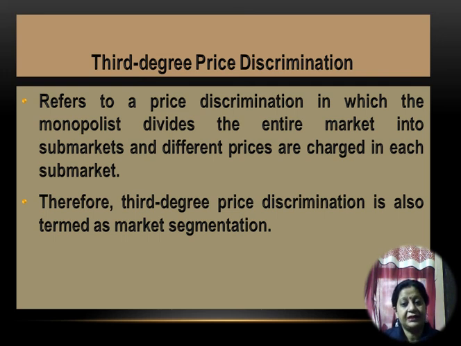Third degree price discrimination. It refers to a price discrimination in which the monopolist divides the entire market into sub-markets and different prices are charged in each sub-market. Therefore, third degree price discrimination is also termed as market segmentation.